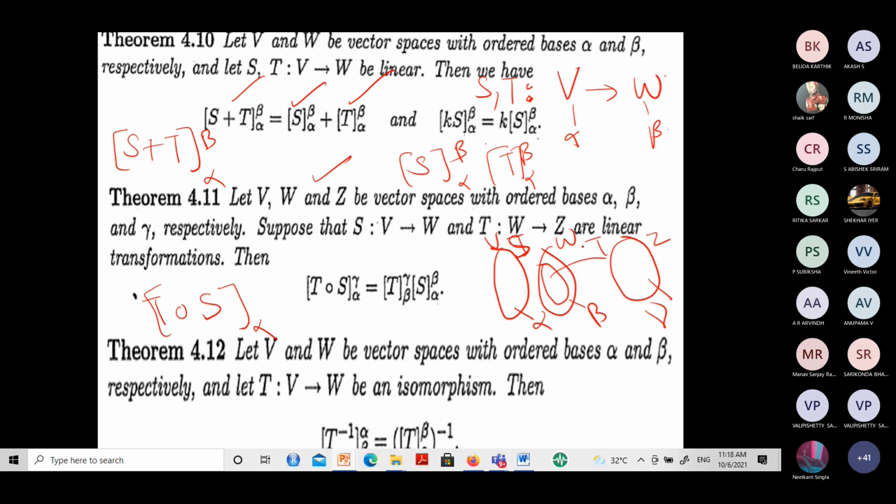So T composition S is from V to Z. So from alpha to gamma you have to find. So from alpha to gamma, this is equal to first for T, beta to gamma, followed by S, alpha to beta. Actually, you are doing this only first, then this. But writing in different order. When multiplying, you are multiplying this way.